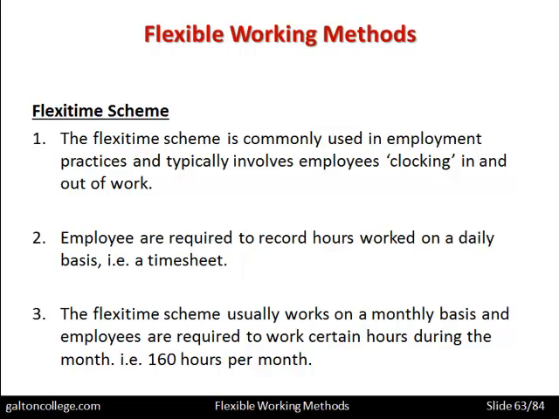For example, they might be asked to work for 160 hours a month. So 40 hours a week, let's say, or 37.5 hours a week, or whatever it is, when you average it out. So they may have to work this number of hours per month, and they need to show that they've worked it.